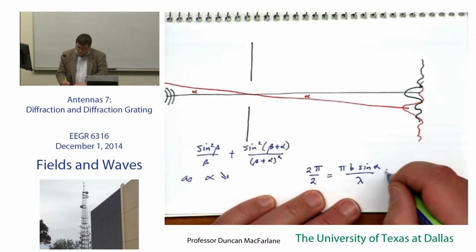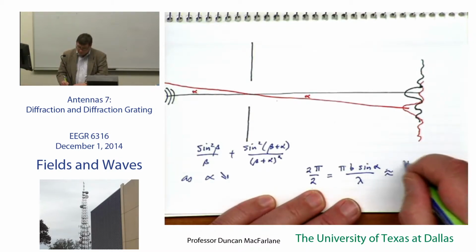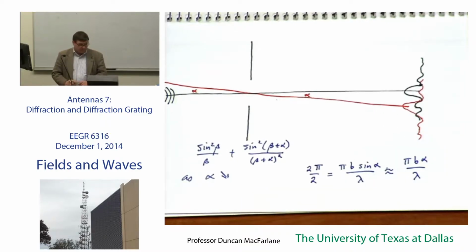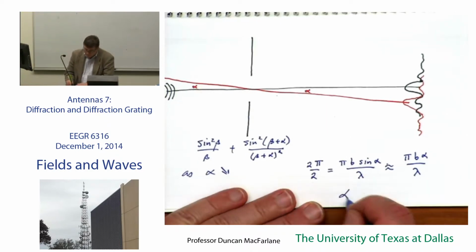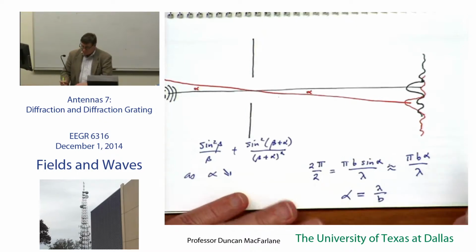If alpha is small, I'll get pi b alpha over lambda, or alpha equals lambda over b.